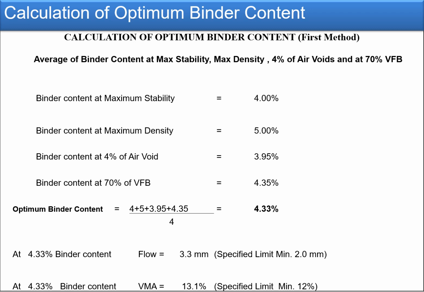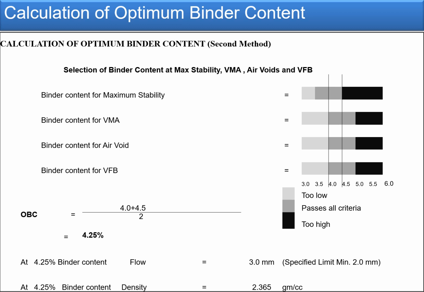The other way, you can check the binder content for maximum stability, VMA, air voids, and VFB, and see at what percentage it is meeting the requirement. For example, in a graphical representation of the binder content for maximum stability, VMA, air voids, and VFB, there is a band marked by two vertical lines, crossing the values of 4% and 4.5% bitumen.